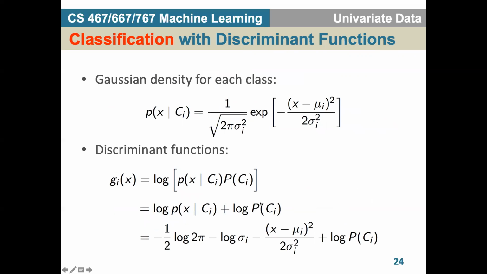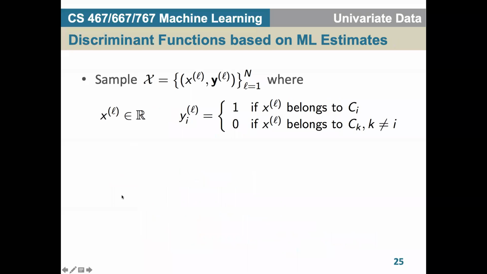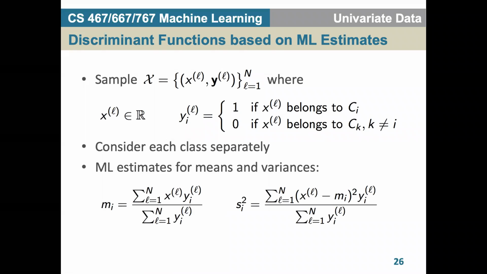For a particular class, you have the Gaussian and the prior probability, the multinomial probability. Then you can easily compute g_i, but you need to do this for all 3 classes. First compute g1, then g2, g3 for a new data x you see, and then decide which one is the largest. You say, hey, x belongs to which class? Any questions?